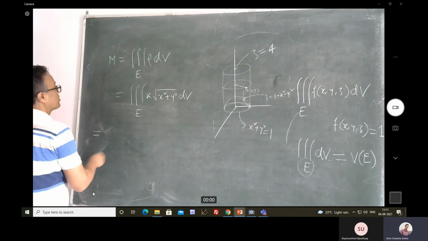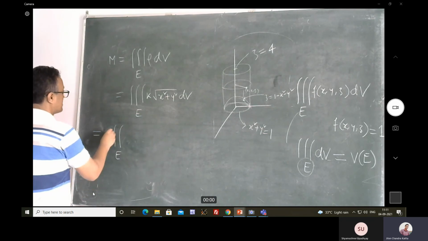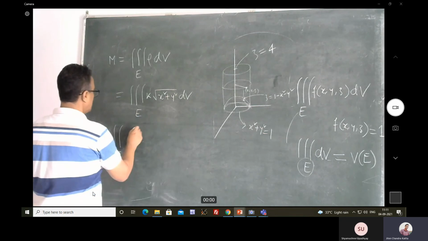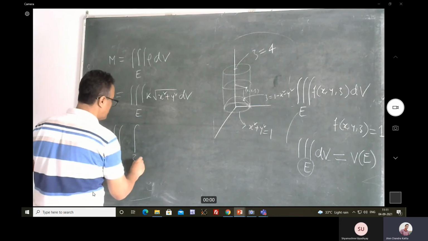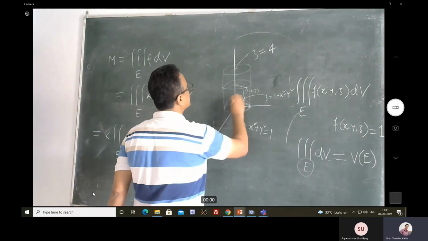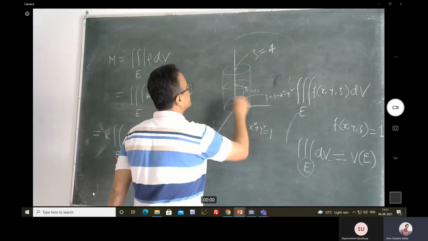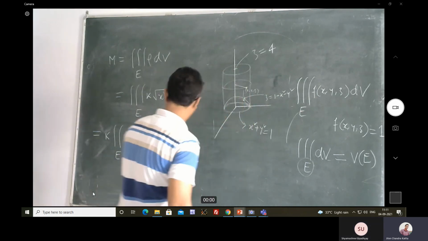So now what we are going to do is first consider the limits of z. You know that z lies above this surface, 1 minus x squared minus y squared, and below this plane z equal to 4.